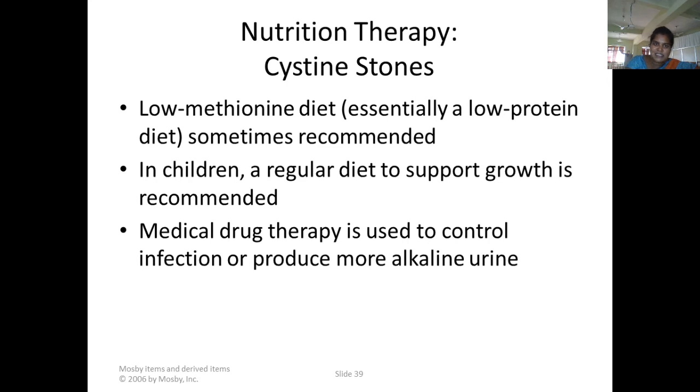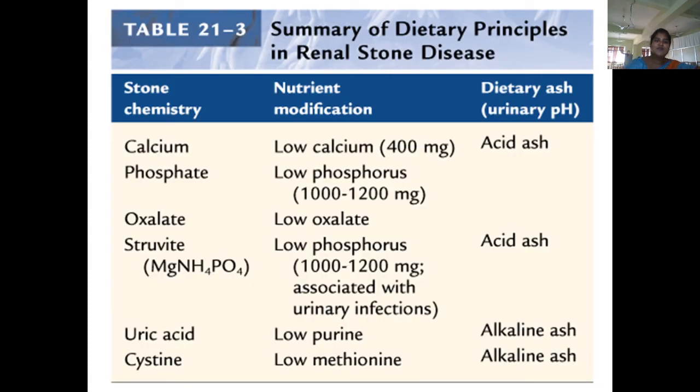But in children, advise a normal diet, with no need for a low protein diet, as they need it for growth. Medical therapy can be given to control the infection and to produce more alkaline urine rather than acidic urine.